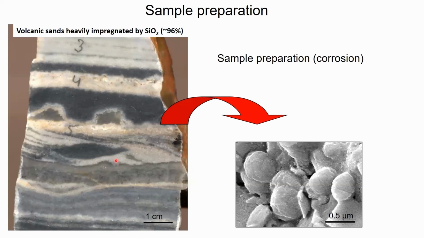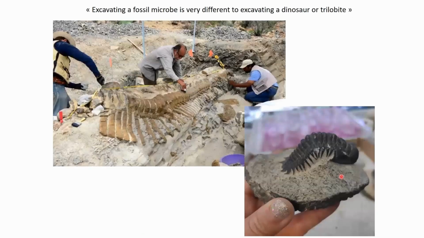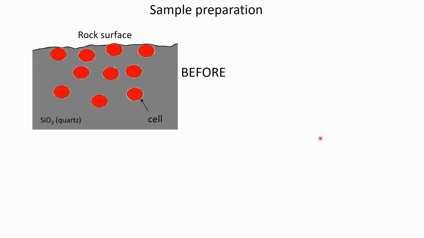And there's another factor to keep in mind. This was the hand sample that I used for preparing the samples that I used for scanning electron microscopy. Well, how did I prepare them? How did I get from this flat rock surface to showing these nicely preserved structures? And no, we can't use a hammer and a chisel, as one would do with nicely preserved trilobites or dinosaur bones.